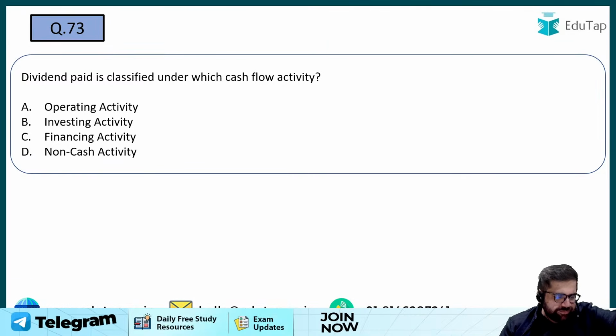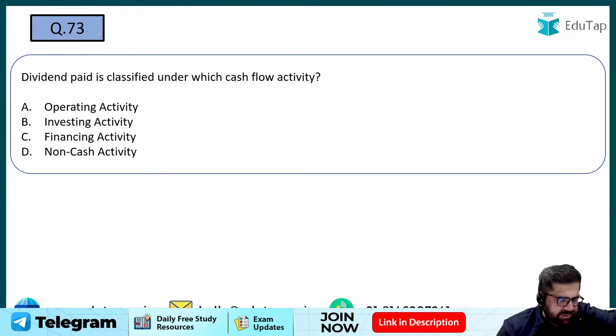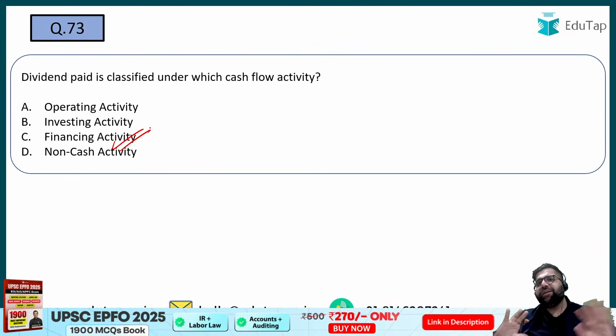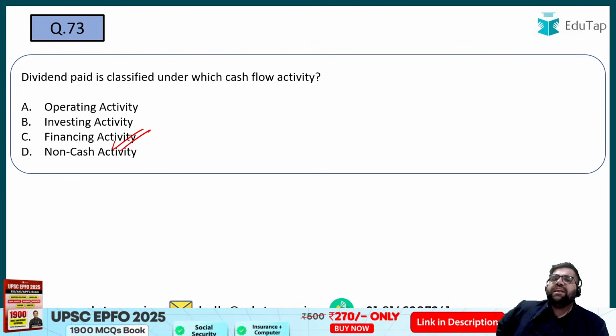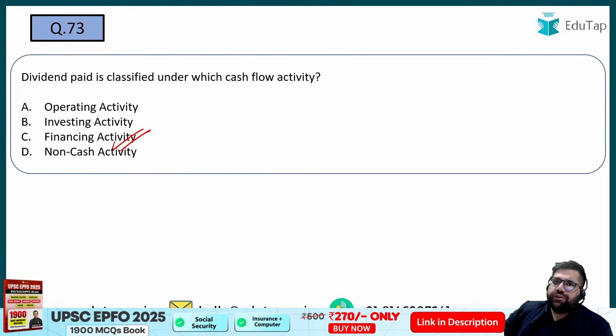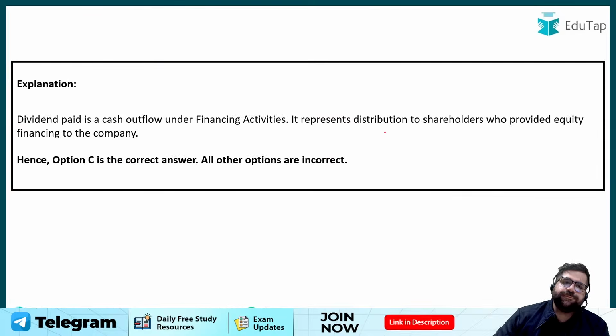Tell me the answer to 73. Okay. If you are paying dividend, then it's a financing activity because you are paying it out of your capital. Right? And anything related to your capital is financing only. Right? So my answer will be option number C in this particular case.